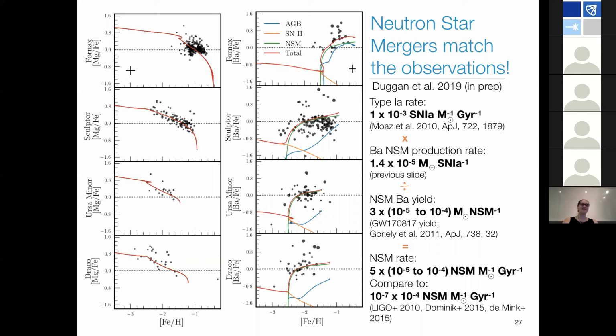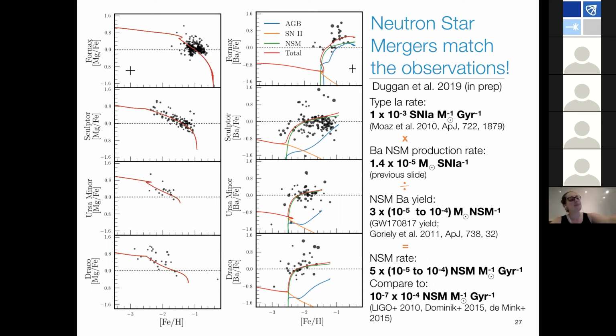Finally, to give you a back of the envelope calculation to see if the yield that I fitted is feasible, if you start out with the type 1a supernova rate and multiply it by that yield of barium from neutron star mergers per type 1a supernovae that I mentioned on the previous slide, that gives you the total amount of barium that we are saying would come from many neutron star mergers.